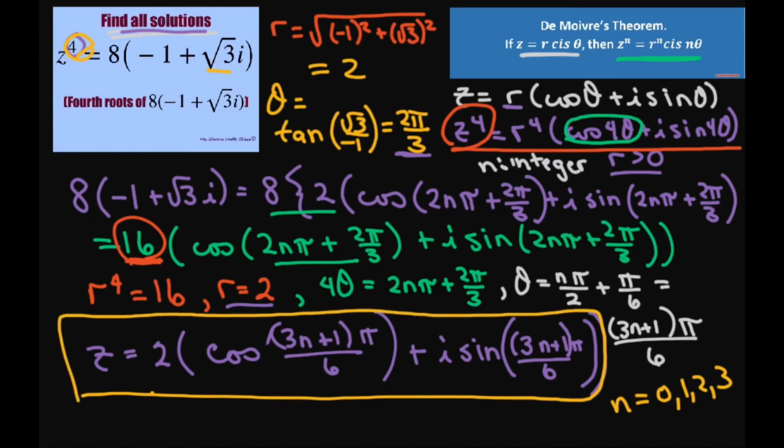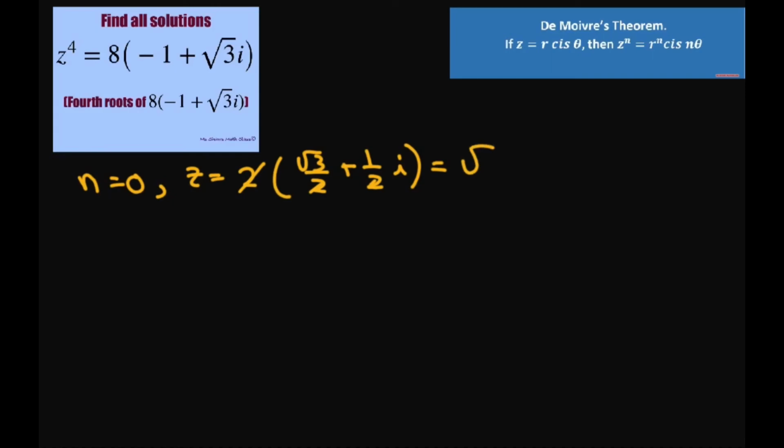So you might want to write it down. If we have n equals 0, we're going to get z equals 2 times (square root of 3 divided by 2 plus 1/2 times i). Now the 2's will cancel out here, so that's going to give us square root of 3 plus i.